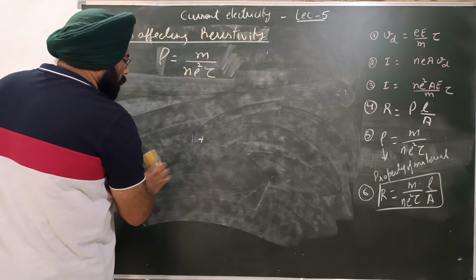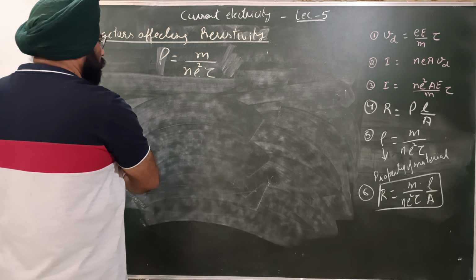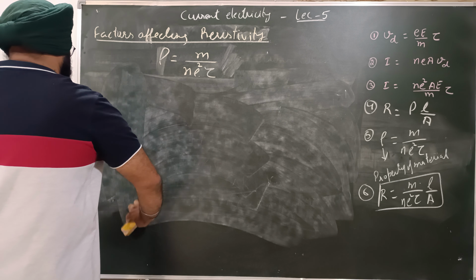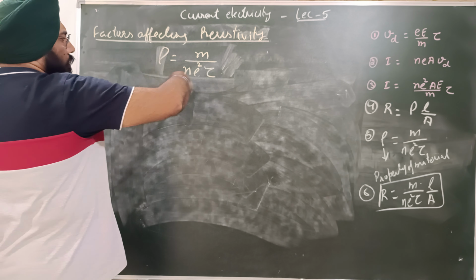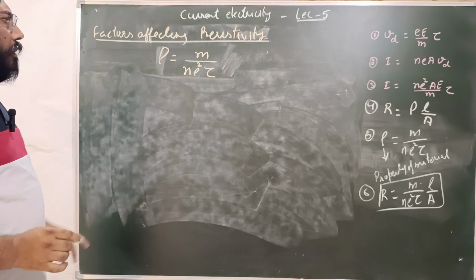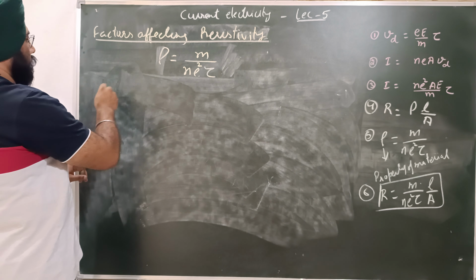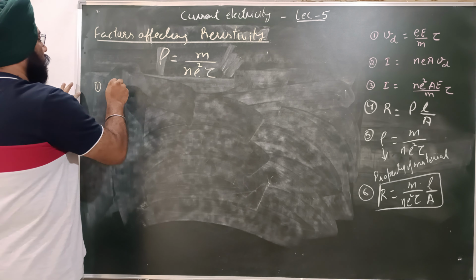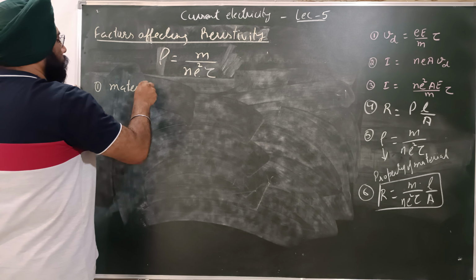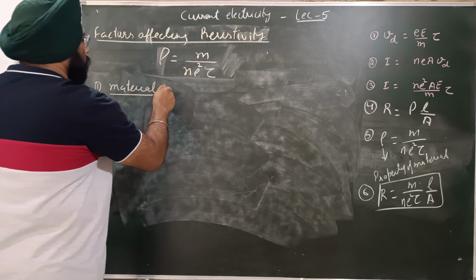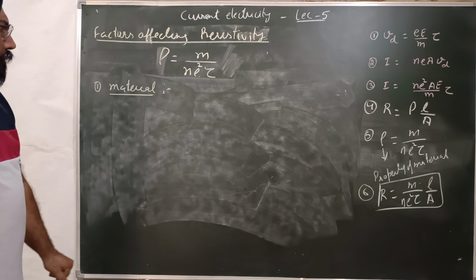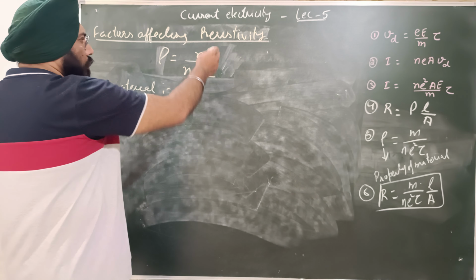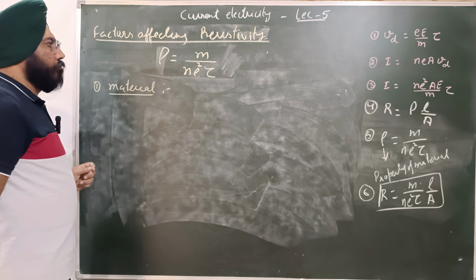So resistivity does not depend on the dimensions of the conductor. It is a property of the material. With change in dimensions, resistivity does not change.